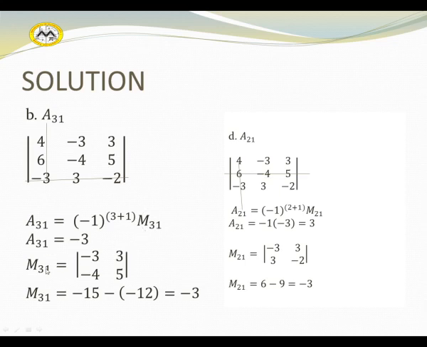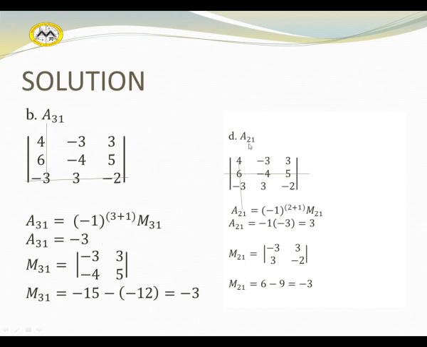The minor is the determinant of the elements that remain after deleting the third row and first column. So we have negative 3 times 5, that will be negative 15, and then minus the diagonal upward, negative 4 times 3, negative 12. So we have negative 15 plus 12, and that will be negative 3. And negative 3 is multiplied by negative 1 raised to the fourth. So the cofactor of the element at third row and first column is negative 3.